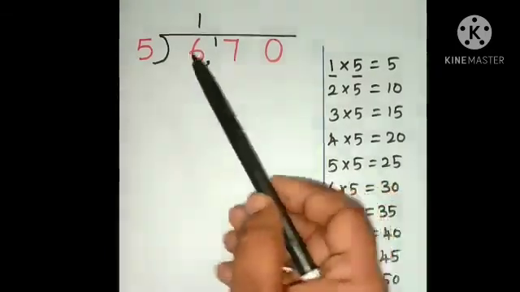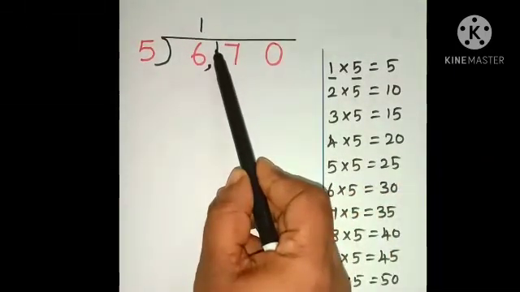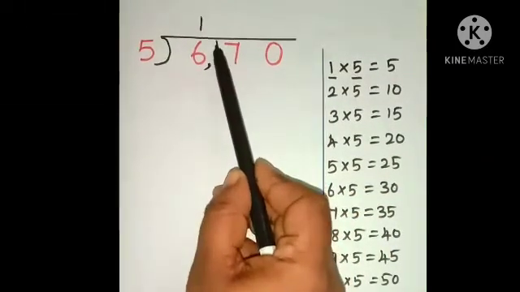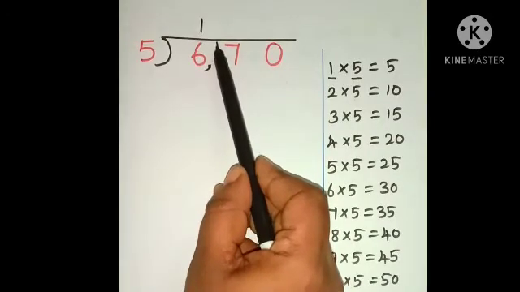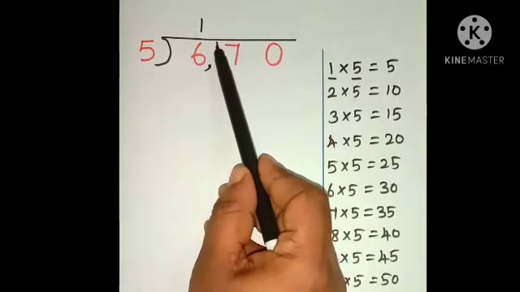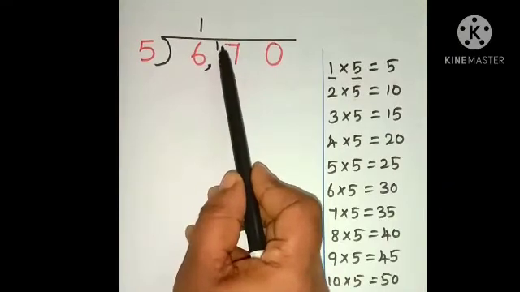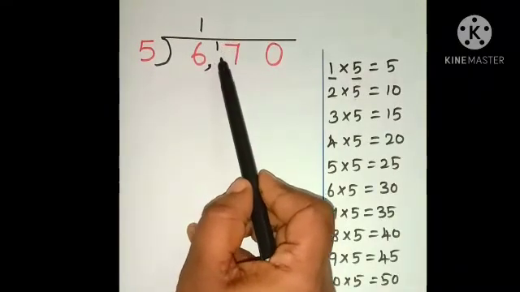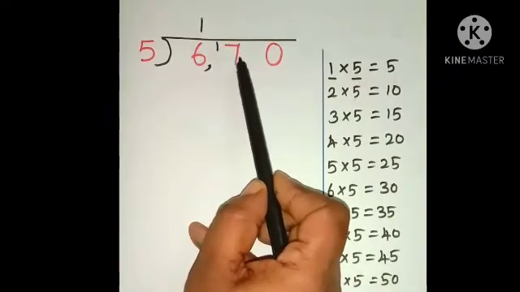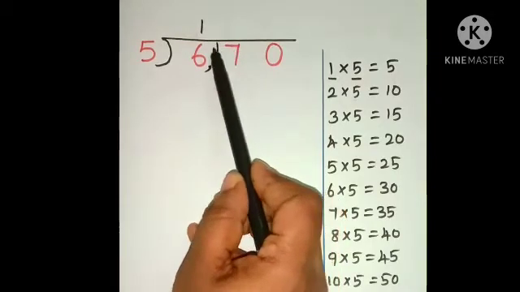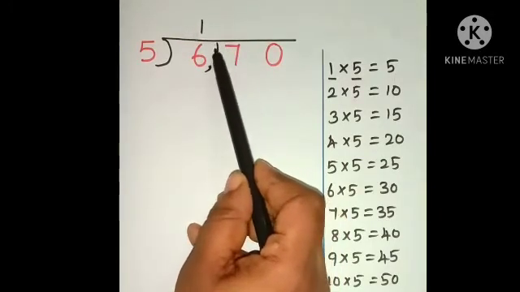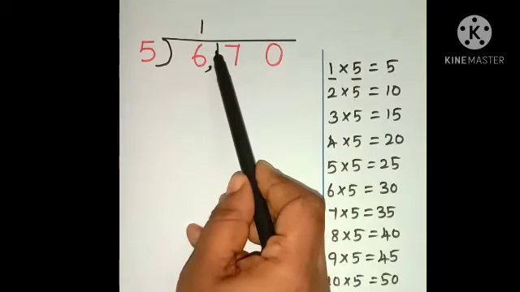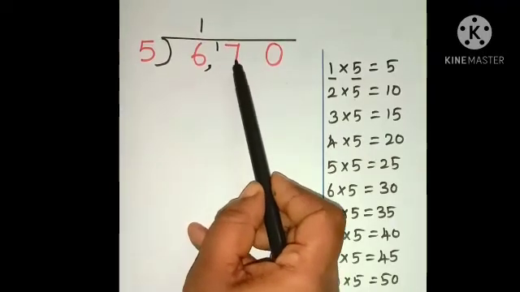So write down 1 between 6 and 7, and 1 makes the tens place with the 7, which gives 17. So take the value as 17.